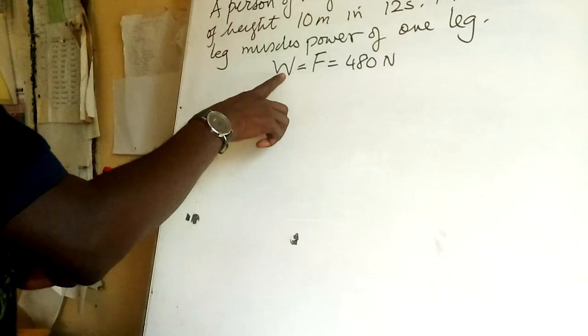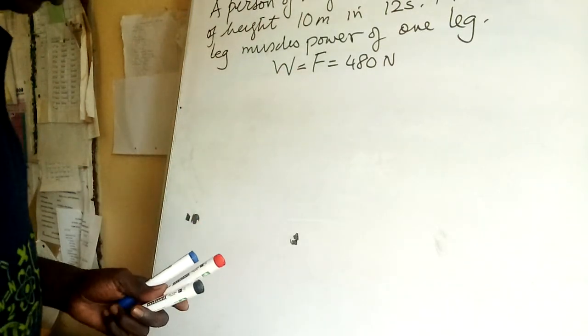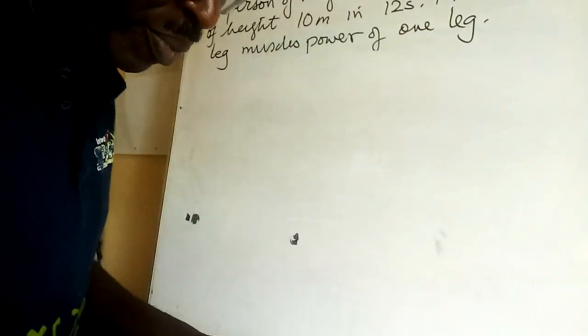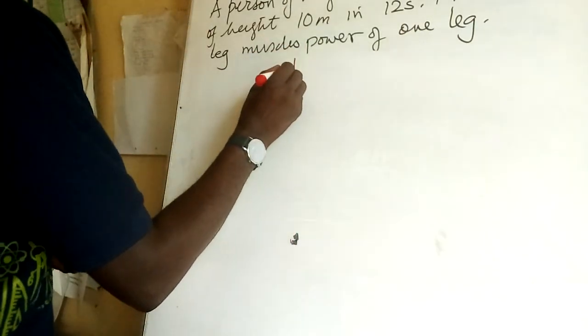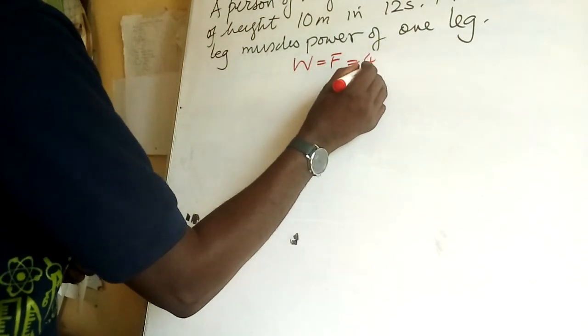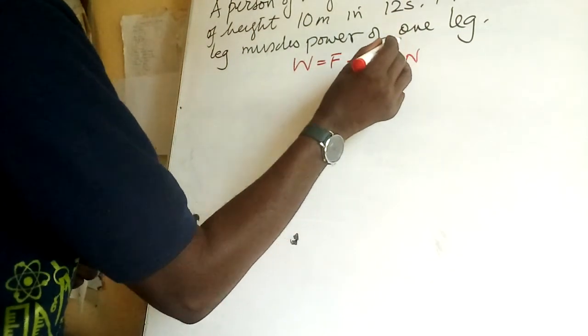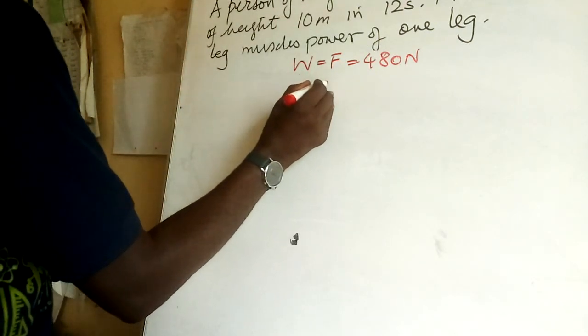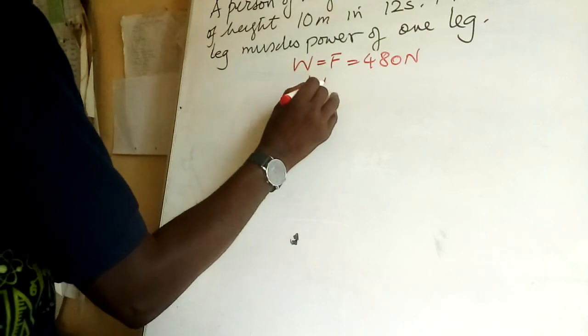We have there W. Can I do it in red to make my work colorful a bit? We have weight given, which is a force, and it is 480 newtons. Then what else are we given? We are given distance. So I write distance.